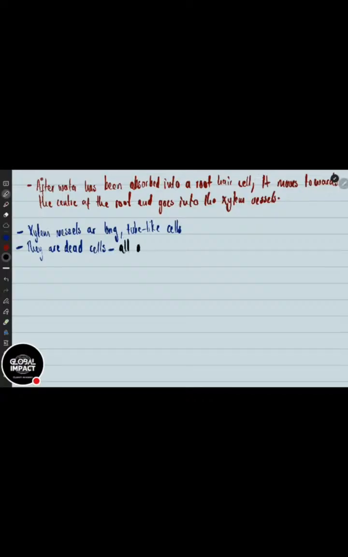All of their contents, e.g., cytoplasm and a nucleus, have disappeared.